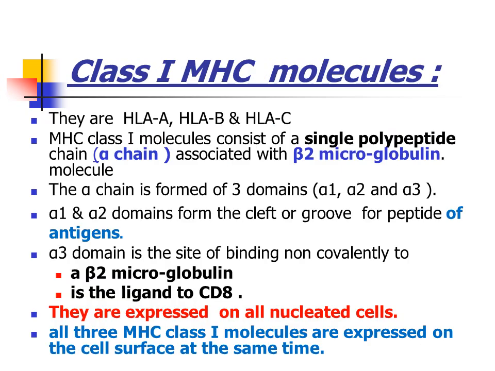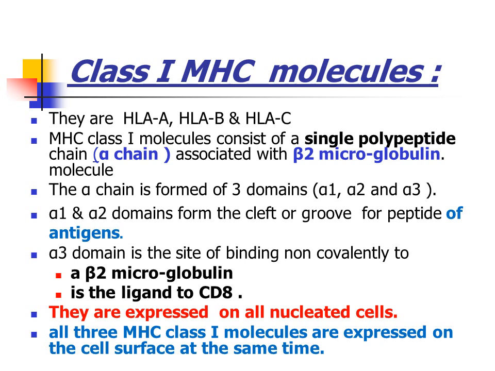Class 1 MHC molecules are HLA-A, HLA-B and HLA-C. MHC class 1 molecules consist of a single polypeptide chain, the alpha chain, associated with beta 2 microglobulin. The alpha chain is formed of 3 domains: alpha 1, alpha 2 and alpha 3.